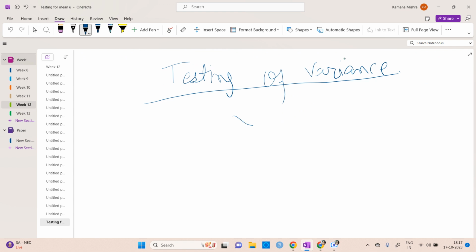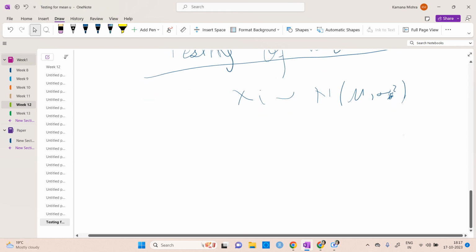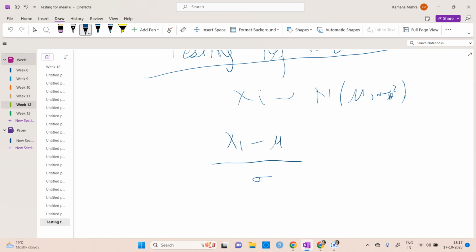You know that when xi follows normal with mu and sigma square, then the summation of (xi minus mu) whole square, divided by sigma square, follows a chi square with degree n.